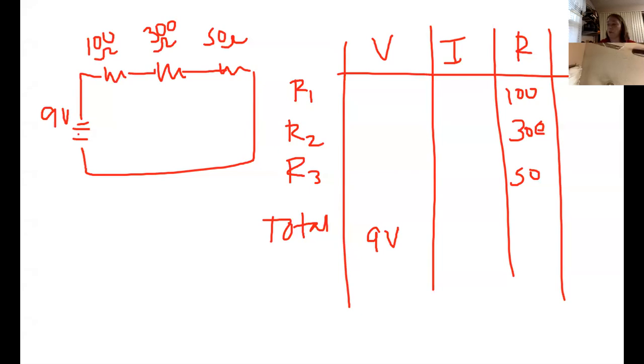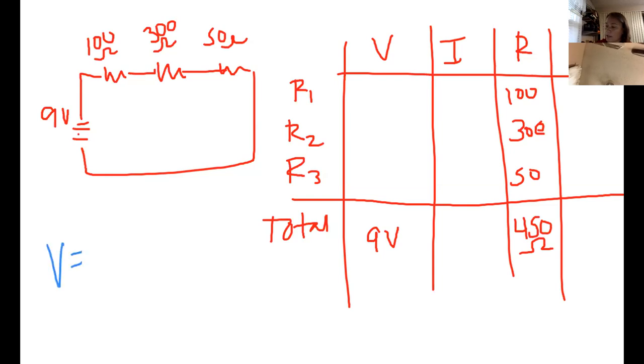So I filled in our table over here. The one thing I can do, because this is a series circuit, is add up all of the resistors to get my total resistance for the whole circuit, and that's going to be, what, 450 ohms.